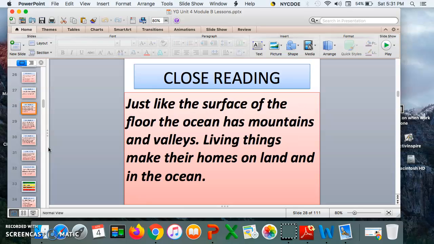Just like the surface of the floor, the ocean has mountains and valleys. Living things make their homes on land and in the ocean.